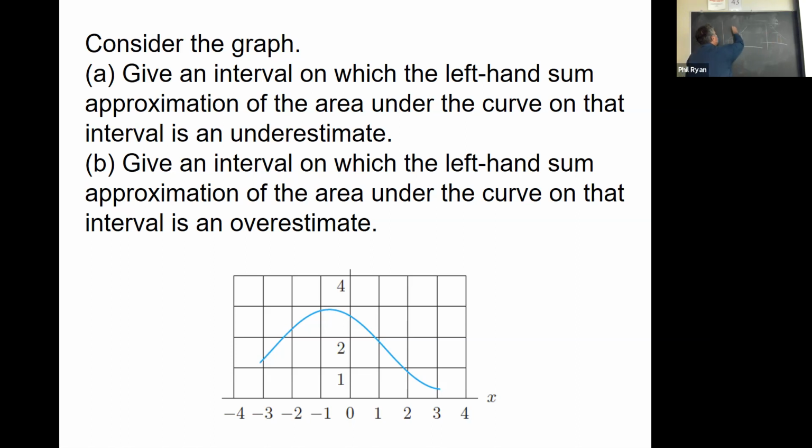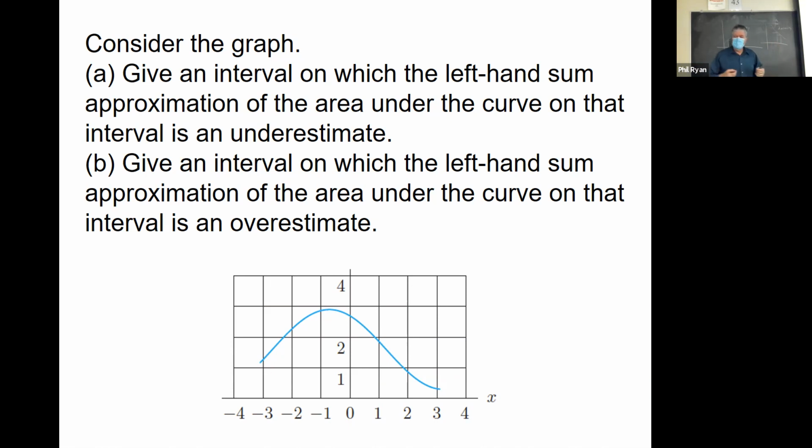Yep. So if a function is increasing, the left-hand sum gives an underestimate, and the right-hand sum gives an overestimate. Whereas if it's decreasing, it's the other way around.